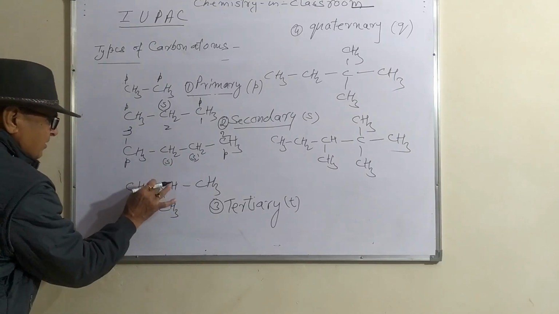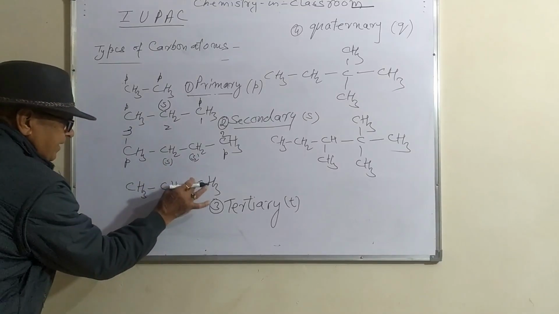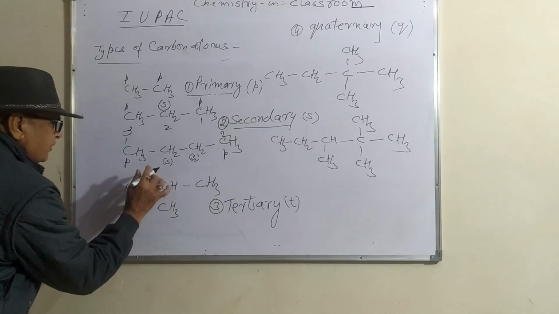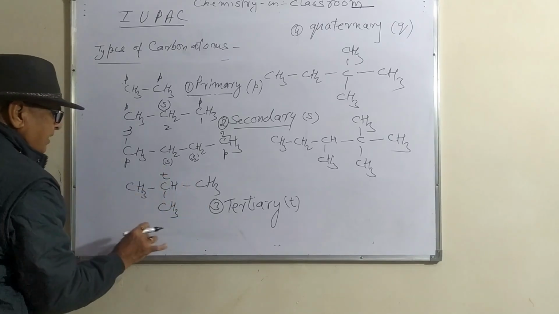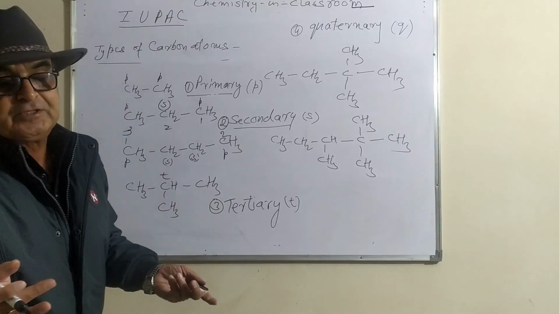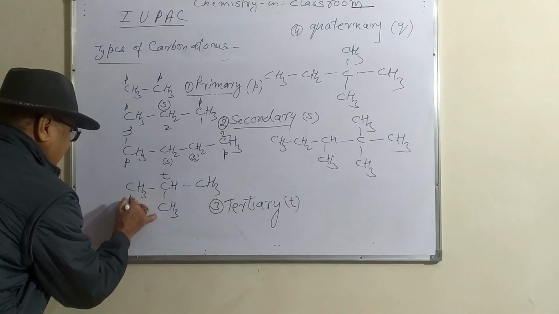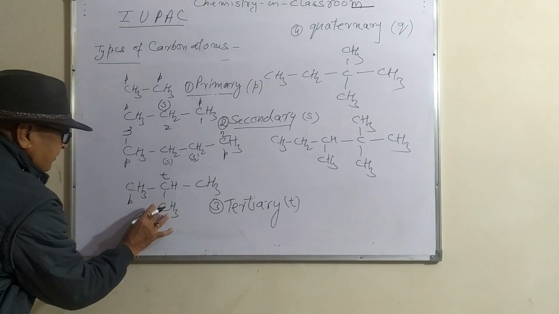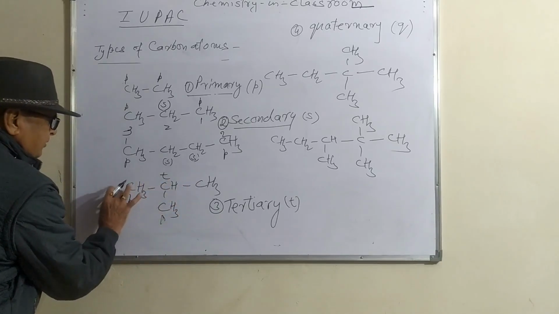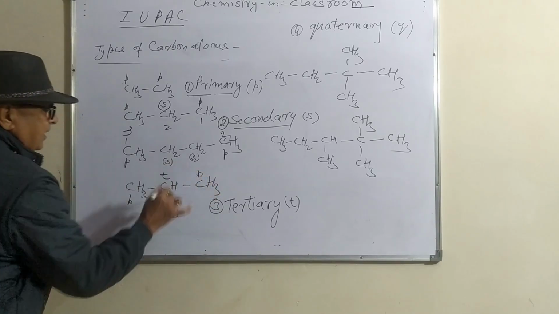So it is a tertiary carbon atom. And the rest of the 3 carbon atoms are primary carbon, because each is attached to only 1 carbon atom.